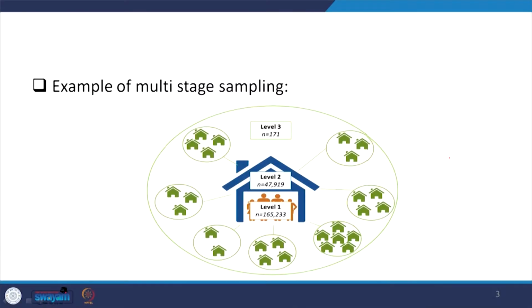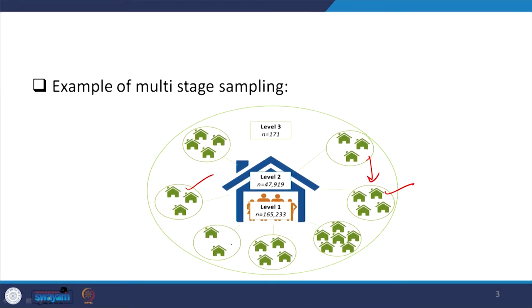Now, you can find that the number of units, for our understanding, is higher in level 2 as compared to level 3. In level 3 the number of samples is lesser because the number of rural and urban areas is relatively lesser as compared to the households. So, in level 2 we are referring to the households, whereas in level 1 the further disaggregated level, in this context, is the individual.